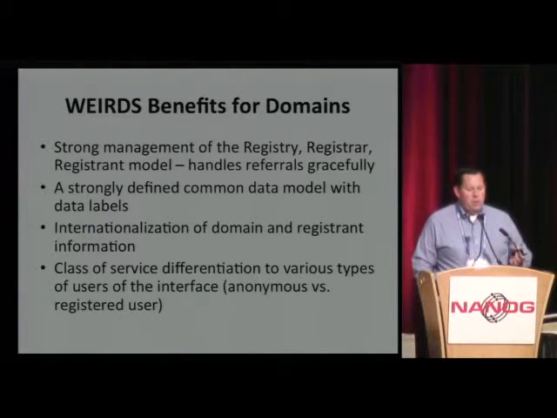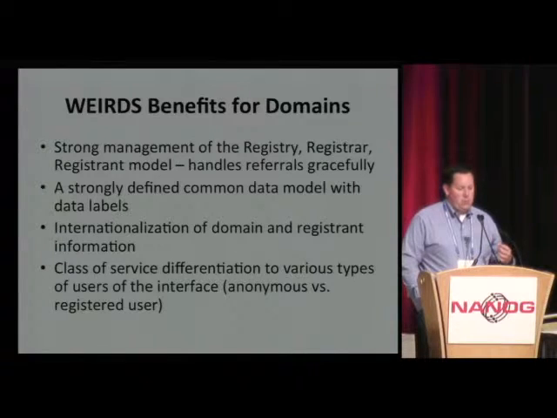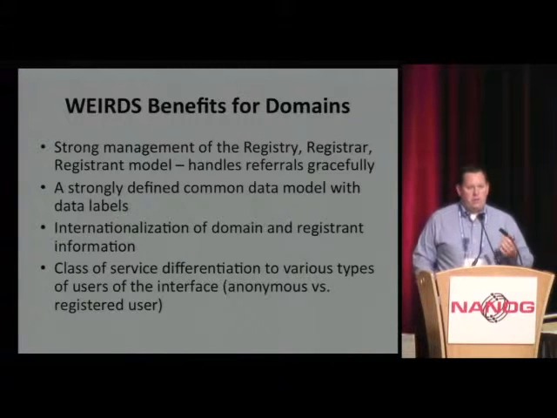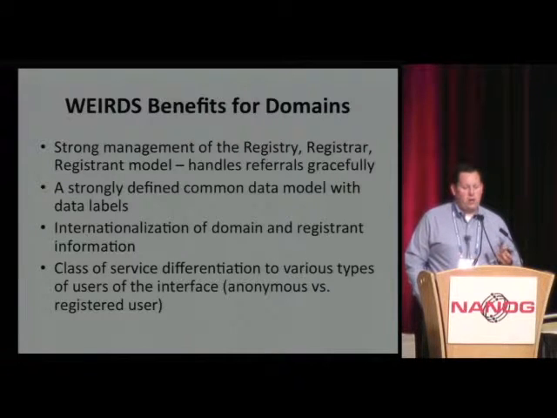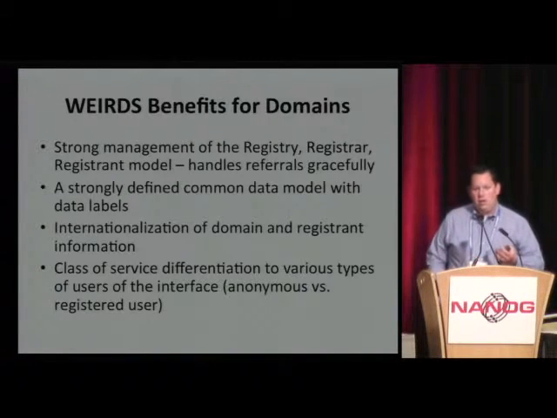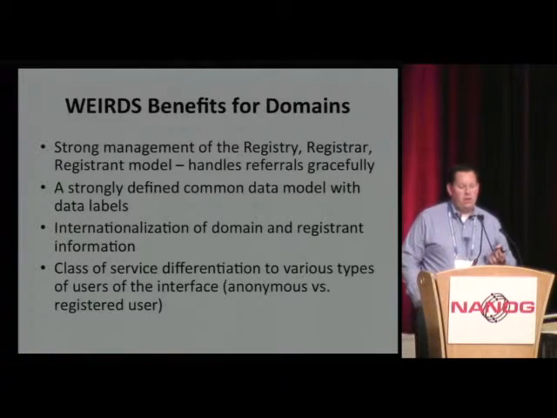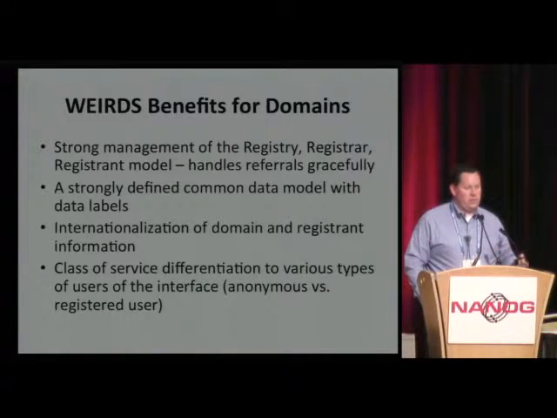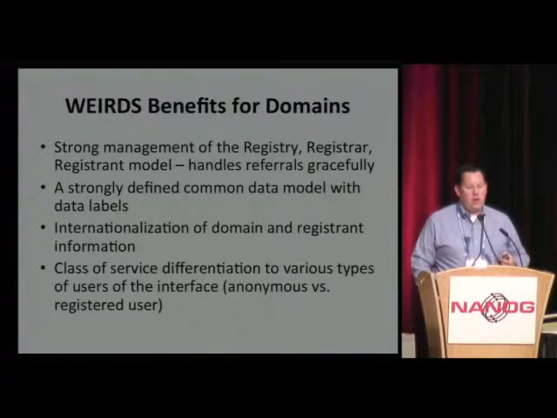So, what are the benefits for domain names with WEIRDS? Well, WEIRDS really handles the strong management of the registry, registrar, and registrant model from day one, something that WHOIS struggles with. So it handles referrals gracefully because you can essentially represent a delegated object in the hierarchy with just yet another URI.